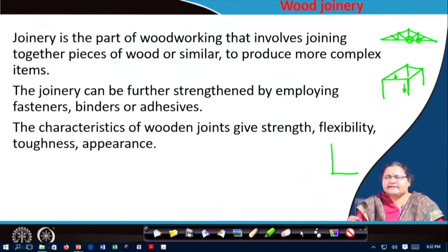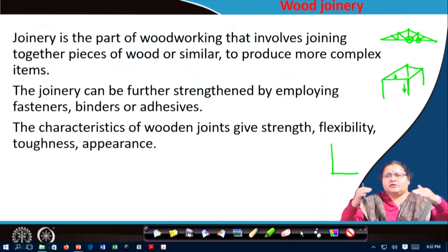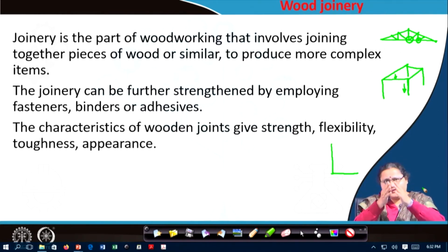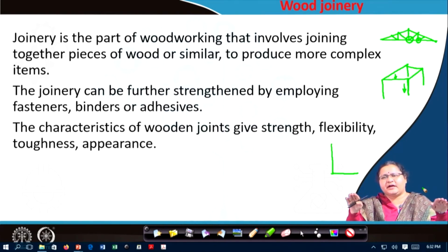Now you have to remember some points when you are doing this wood joinery. You remember the xylems and phloems flowing. So they are in whichever direction they are, in the vertical or in the horizontal. When it is a tension member, they should be in the horizontal direction.